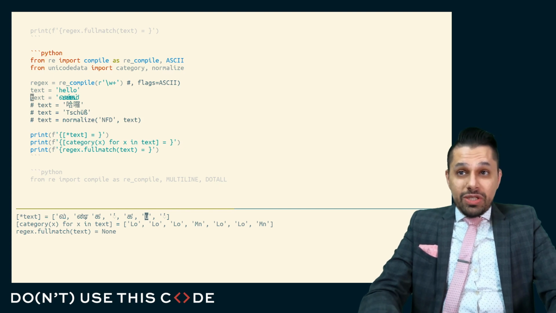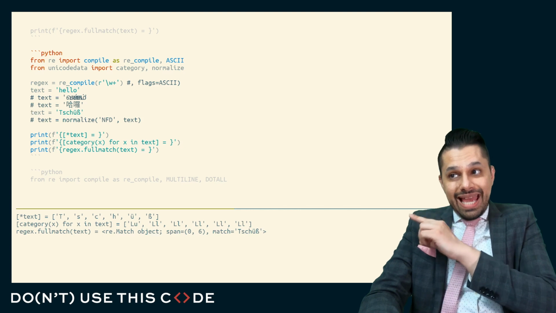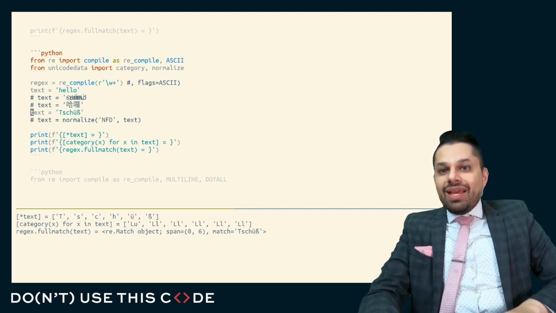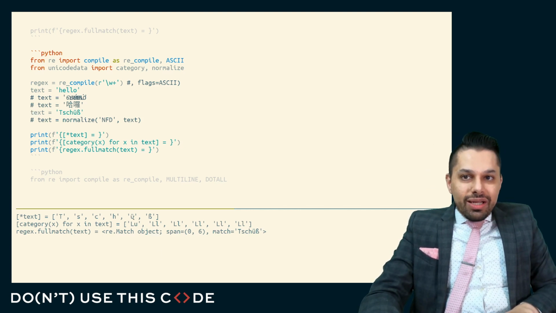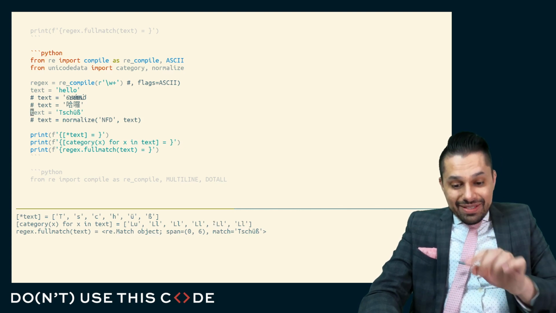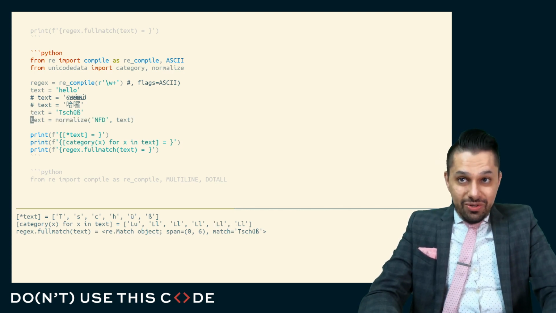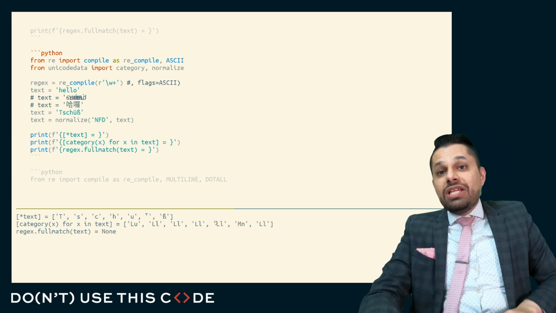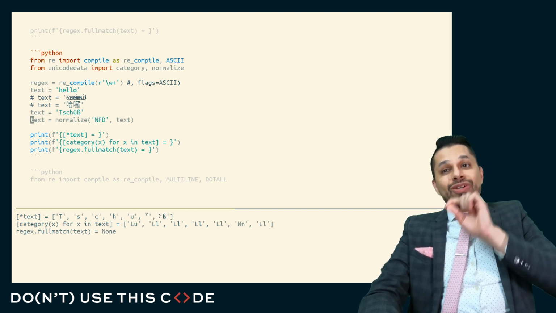And what's a little bit shocking is you can think in German, my Tschüss should be the same way, except this U with an umlaut on it is a single character, and if I normalize this Unicode text to decompose it into the U and the diacritic, then it no longer matches.